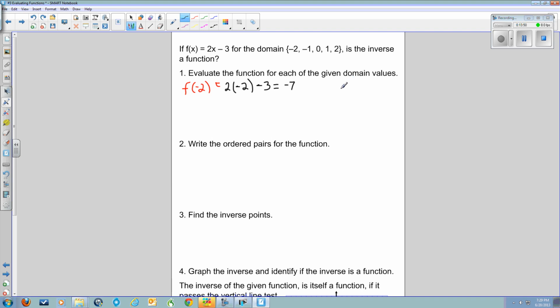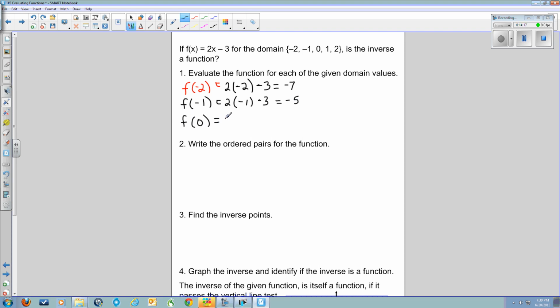F of negative 1 means you're saying 2 times negative 1 minus 3. Well, 2 times negative 1 is negative 2. Negative 2 minus 3 is negative 5.